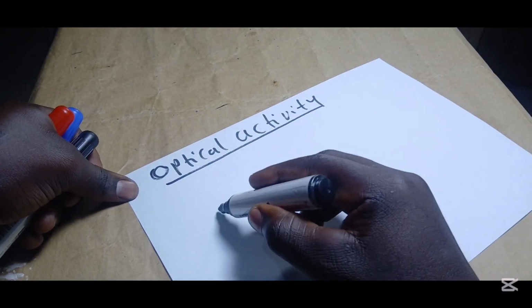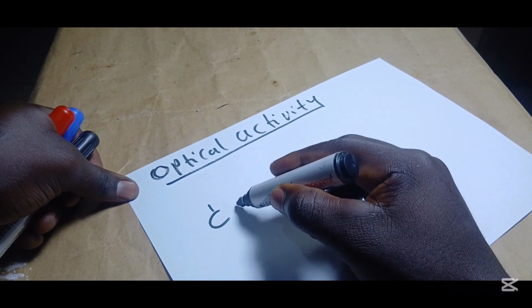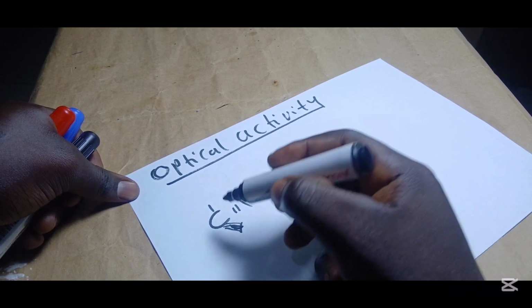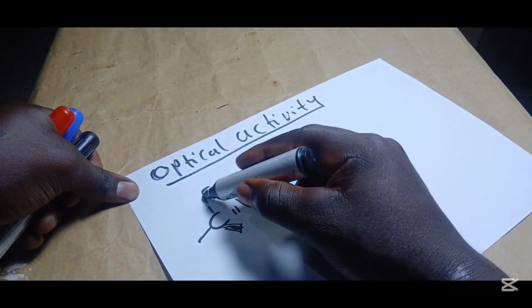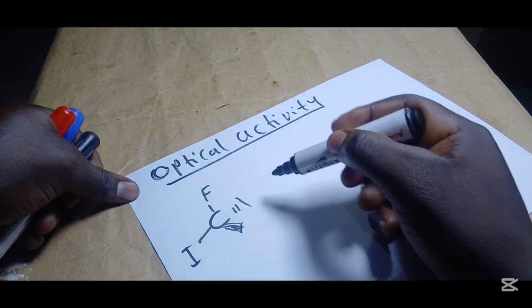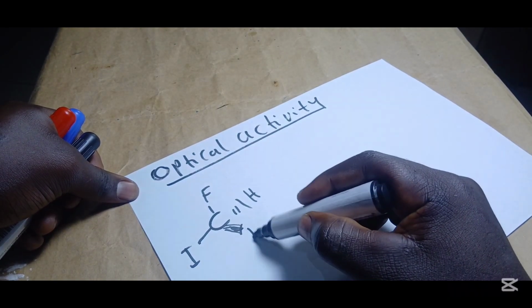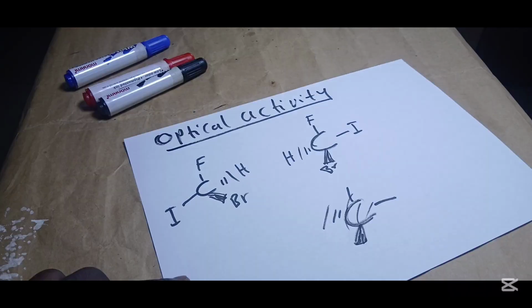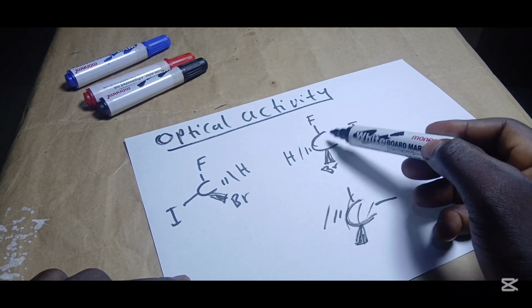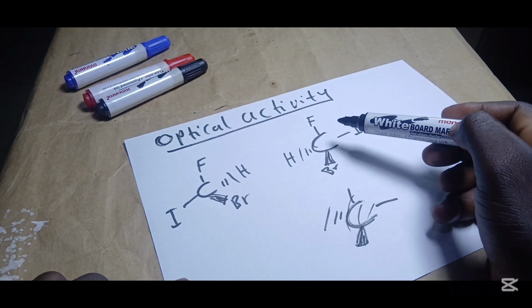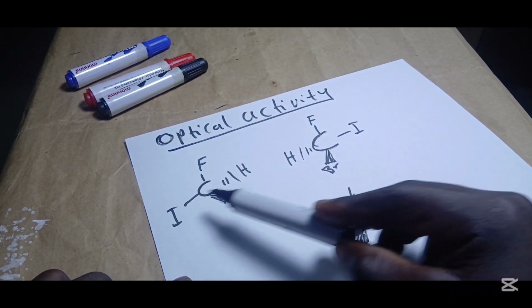A chiral carbon is a carbon with 4 different groups attached to it. So looking at these two molecules, carbon attached to 4 different atoms, carbon attached to 4 different atoms.